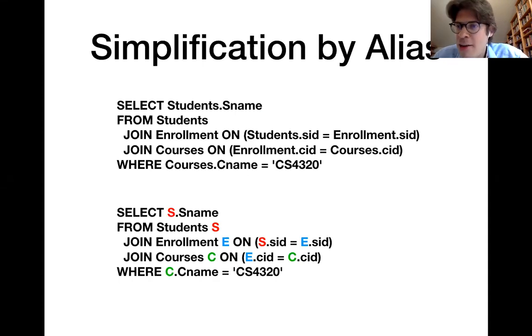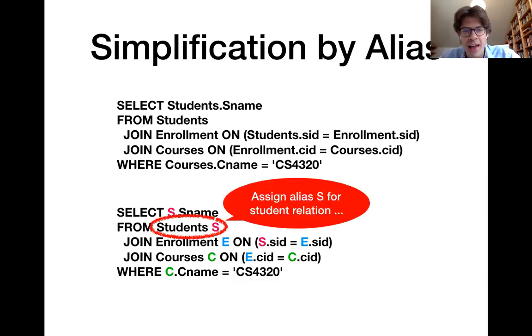So this is why SQL gives you the opportunity to introduce so-called aliases, which are essentially a shortcut for the names of tables in the from clause. So here you see the same query, but written in two different ways. In the query on the lower half of the slide, we are essentially assigning a shortcut S to the students table here.